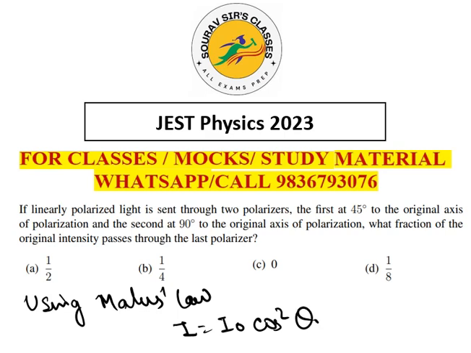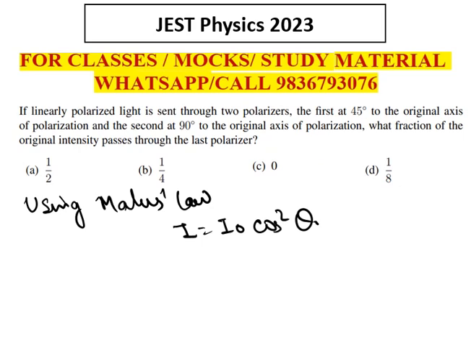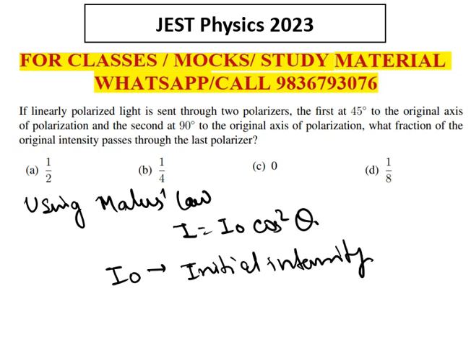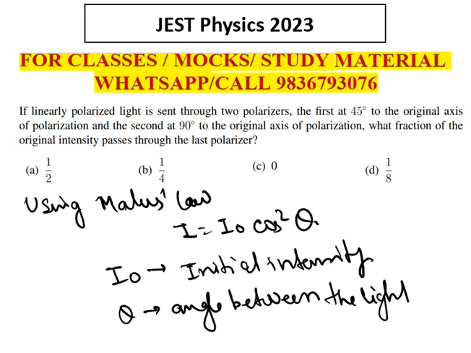So I0 is the initial intensity and theta is the angle between the light's polarization and the polarizer's axis.